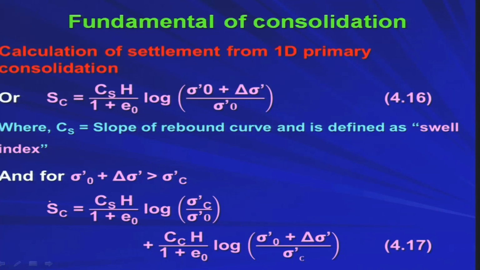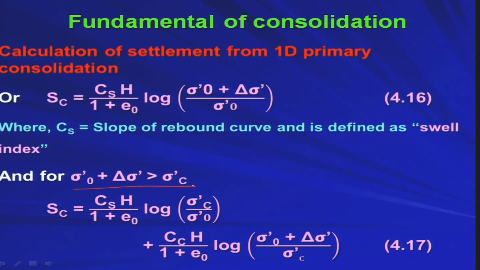Now, the second region. As I told you, in case of over consolidated soil you will have two different regions: one when you are below the pre consolidation pressure and one when you are above it. If sigma naught prime plus delta sigma prime is greater than sigma c prime, then Sc is given by this: Cs into H by 1 plus e naught log sigma c prime by sigma naught prime.